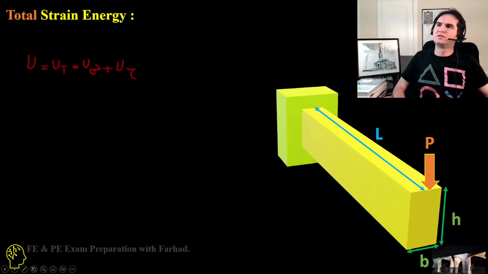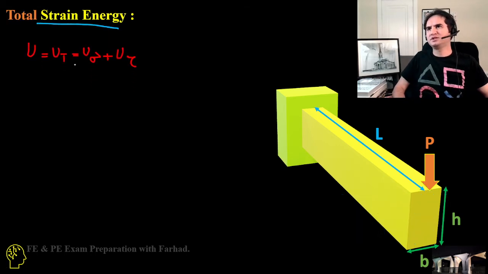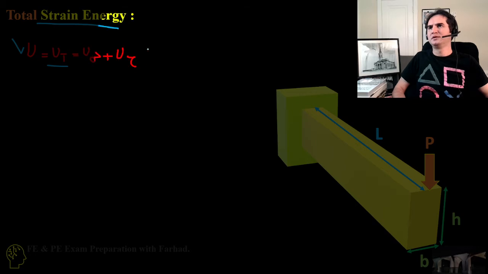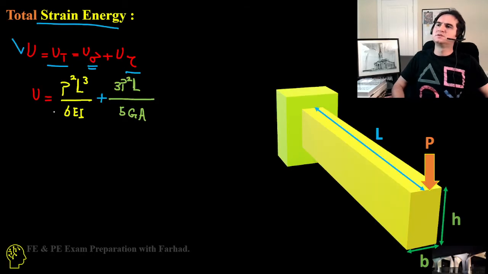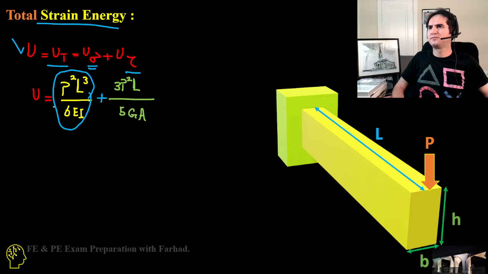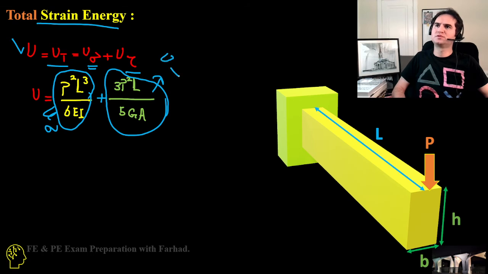Total strain energy is just a combination: U total is equal to U sigma, strain energy due to normal stress, plus U tau, strain energy due to shear. So that's P squared L cubed over 6EI, which is U sigma, plus the other part, which is U tau.